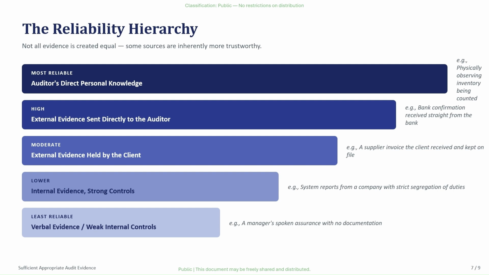Then internal evidence, which is more reliable when the client has a strong internal control system. And at the bottom, the least reliable is verbal evidence or anything from an environment with weak controls. When our auditors design their procedures, they try to pull evidence from as high up this hierarchy as possible.